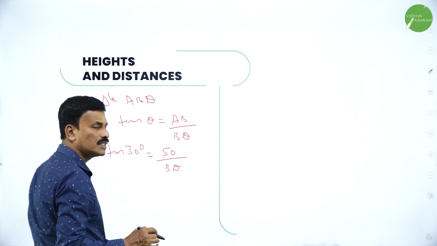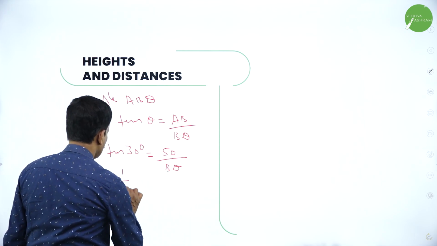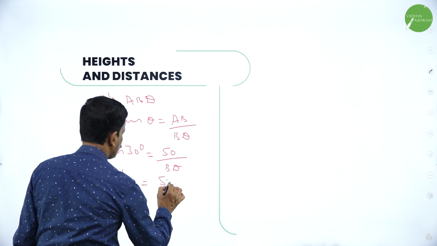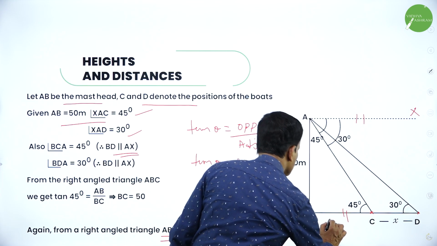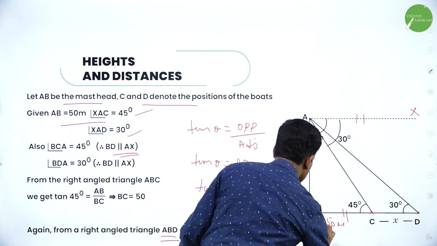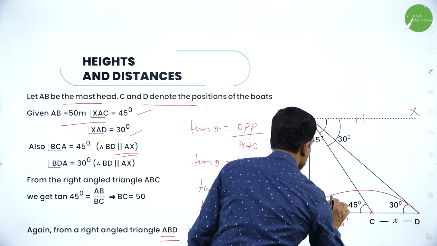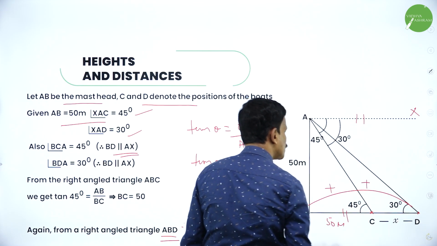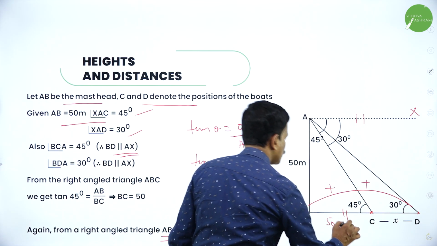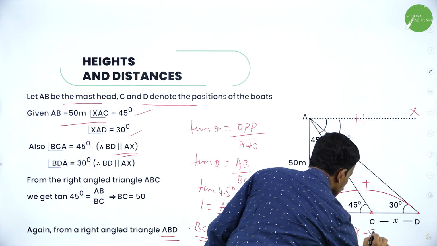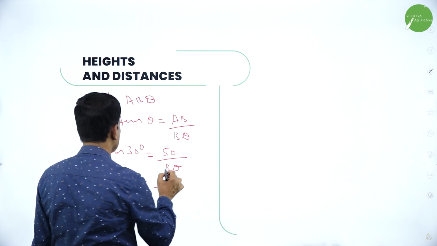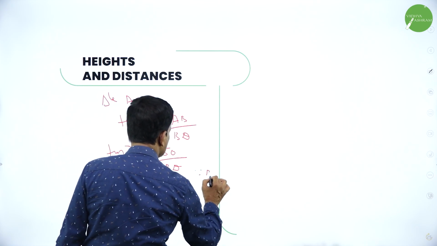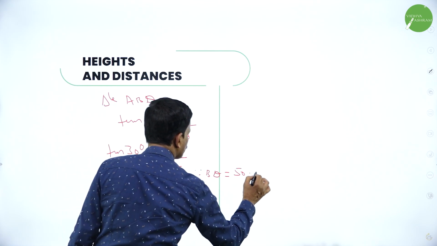Now what is tan 30? 1 over root 3 is equal to 50 divided by BD. What is BD from this? Since this is 50 meters, the total distance is this plus this, so x plus 50 is BD. BD is equal to x plus 50. Substitute here, since BD is equal to 50 plus x.